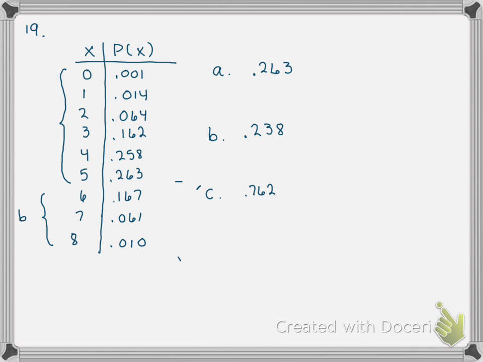Okay, now we're moving on to 4.3, where we have a couple of other discrete probability distributions. The first one being geometric. So what I'm going to do is cut this down so it makes more sense, okay?